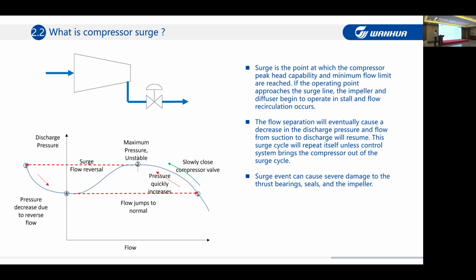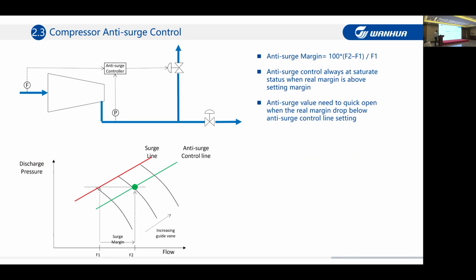Normally it stays in a separate status during normal running, because the current flow is far away from the surge line. This is the typical way we implemented the surge control.